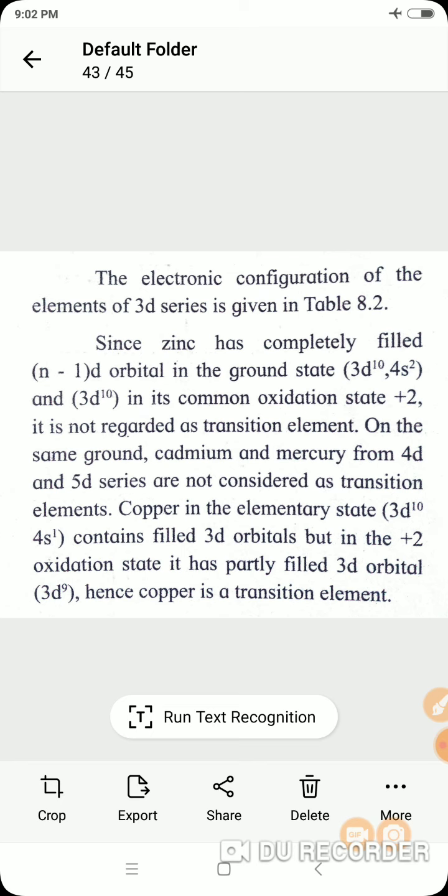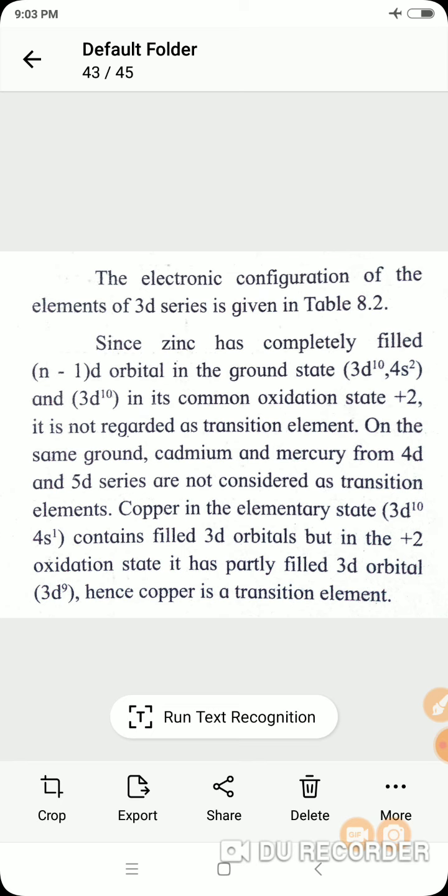Copper shows exceptional behavior in its electronic configuration because of stability. Copper in the elementary state, 3d10, 4s1, contains a filled 3d orbital, but in the +2 oxidation state it has a partly filled 3d orbital, that is 3d9.